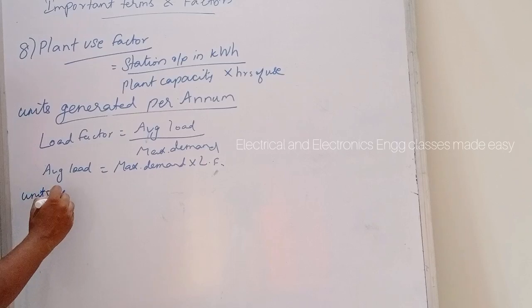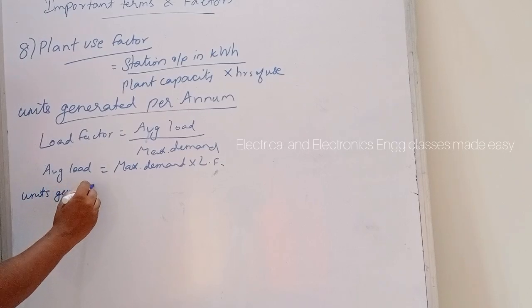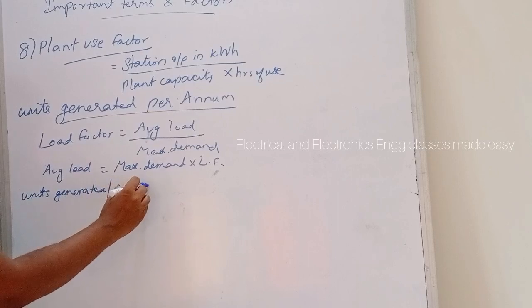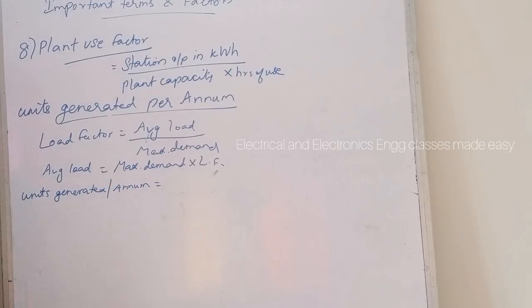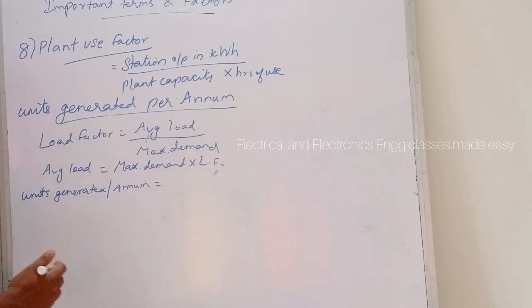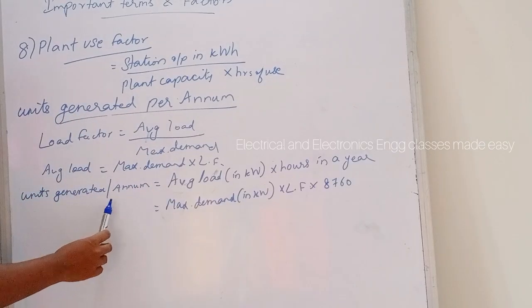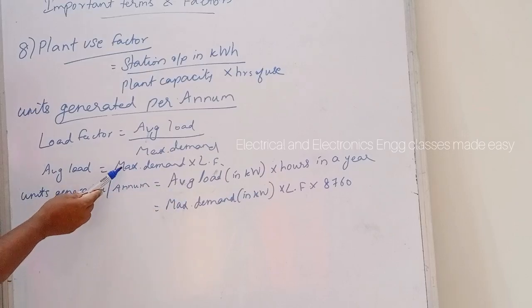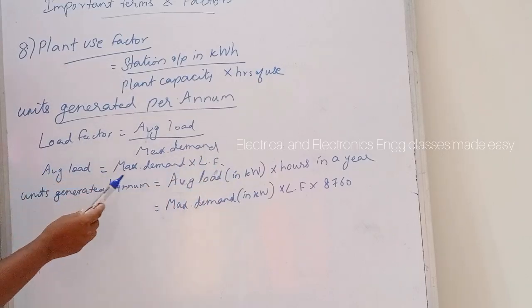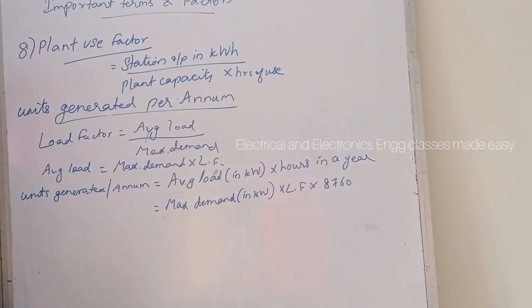So units generated per annum is equal to average load into the time period. So units generated per annum is equal to average load in kilowatt into hours in a year.